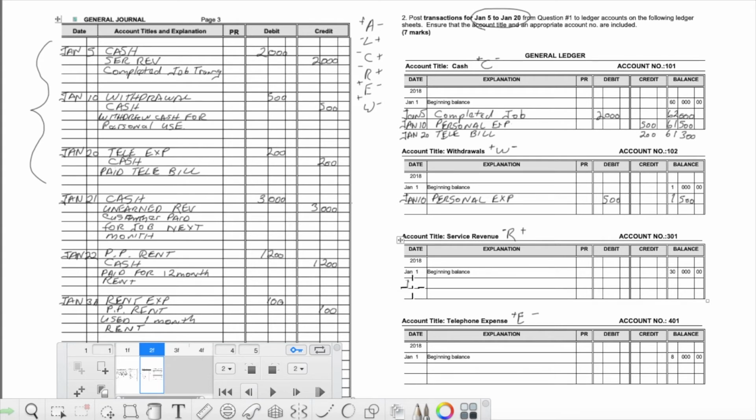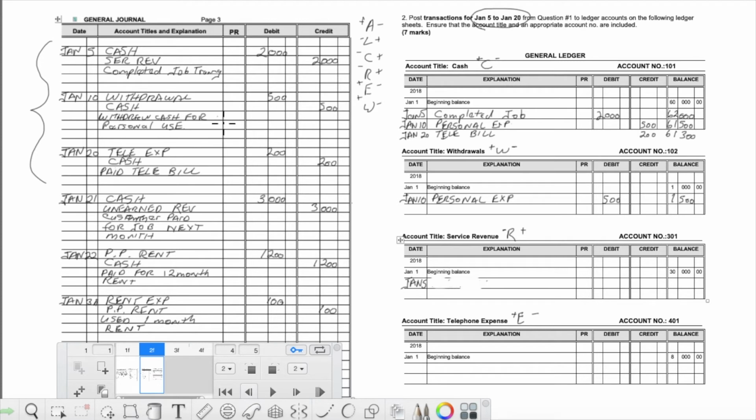So on January 5th, service revenue. Is that right? No. We want the explanation, not the account. Right?